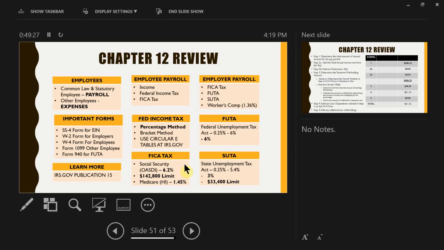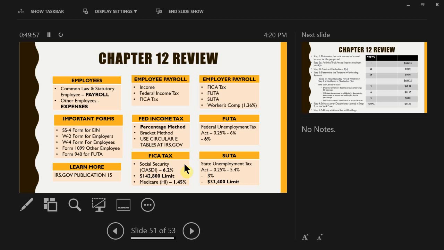Second thing we looked at is what the employees have to pay for, as well as the employers. Employees are subject to the federal income tax, which brings you to the Circular E table, which you can get from irs.gov. I've posted it on the Google Classroom, so you do have a copy of it. But don't worry, for every exercise and the test exam, I will provide the table for you.